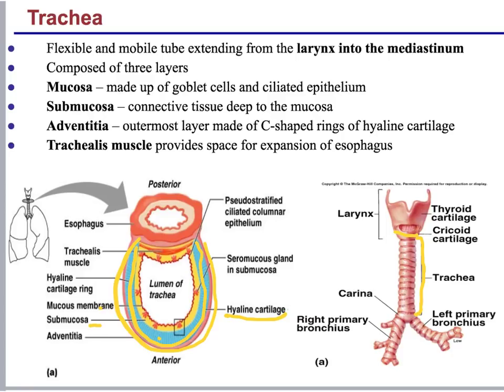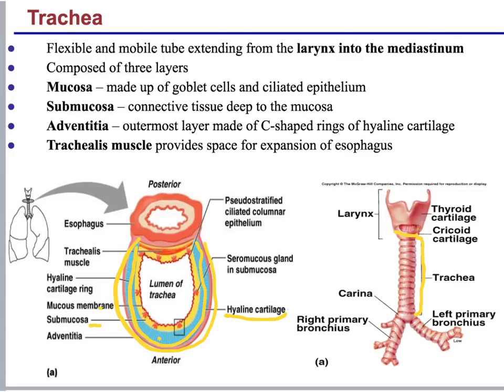The outermost layer of the tracheal tissue is called the adventitia. So the mucosa is pseudostratified ciliated columnar tissue, the submucosa has the C-shaped hyaline cartilages, and then the adventitia.